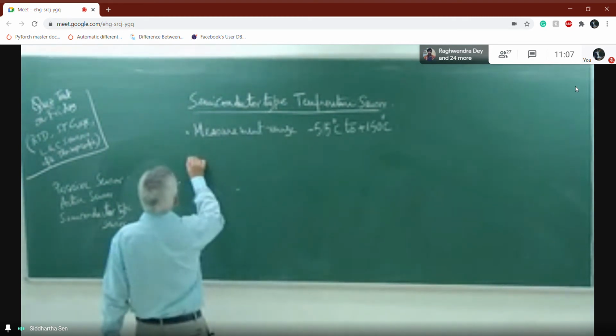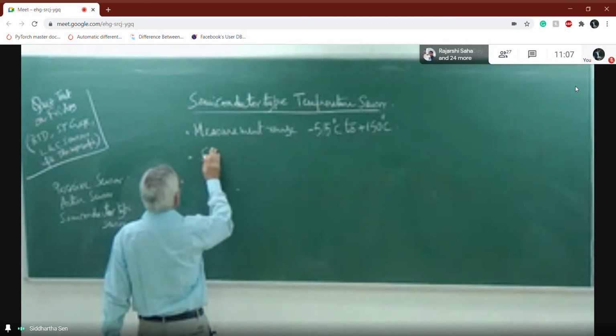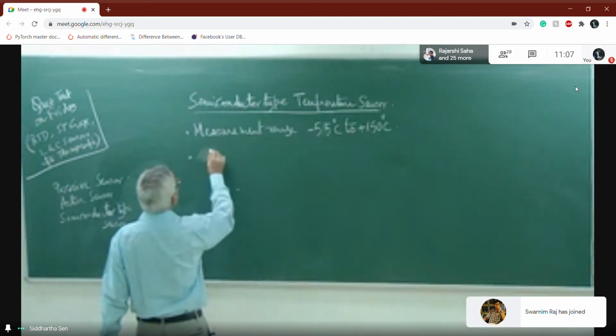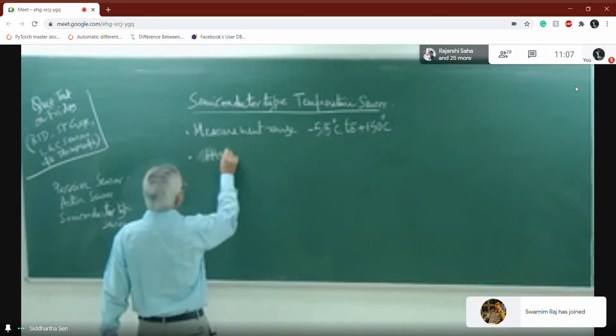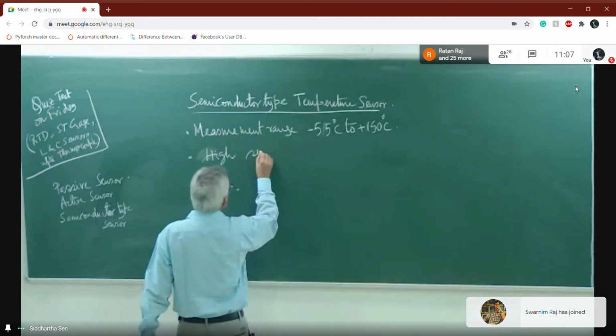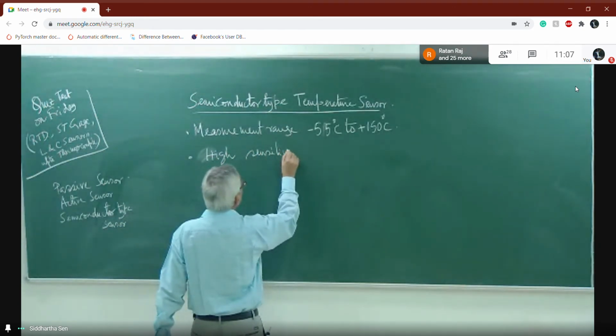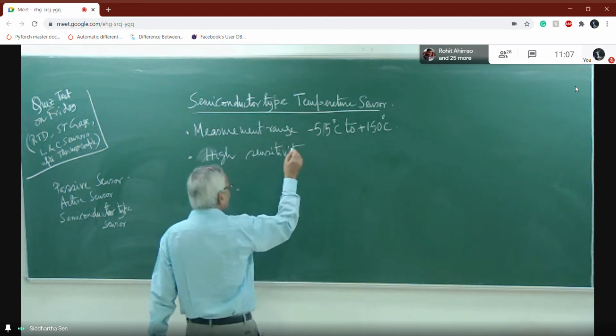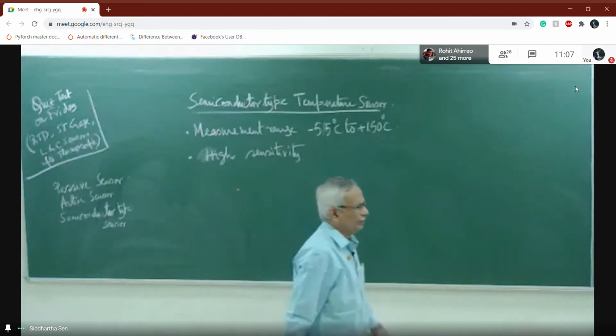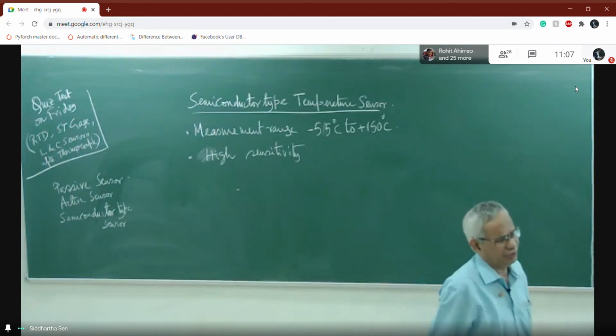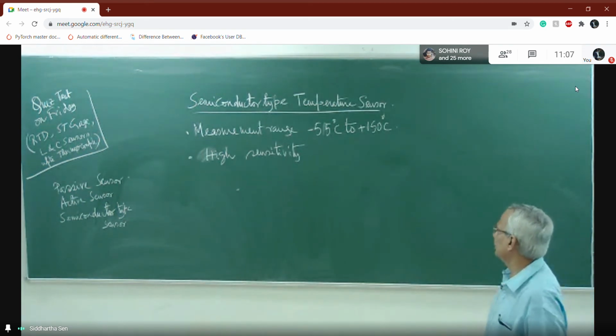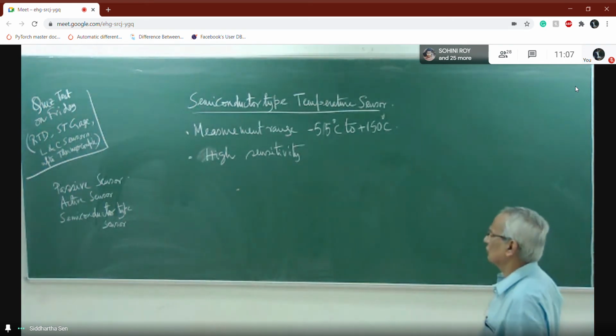Here, it has high sensitivity. You will see that it can be something like 1 millivolt per Kelvin, or 1 microampere per Kelvin, which is much higher.